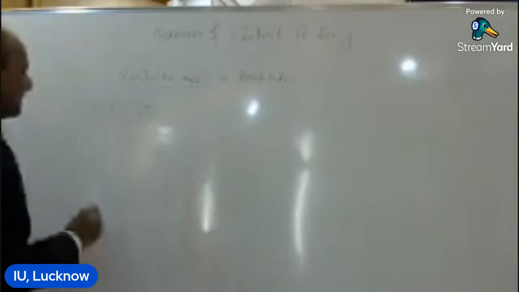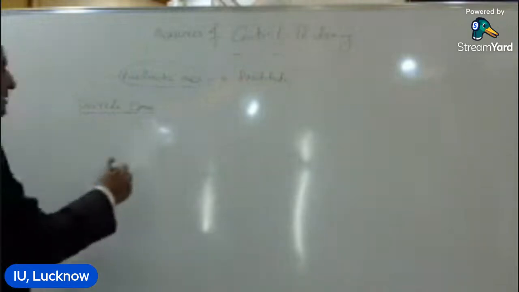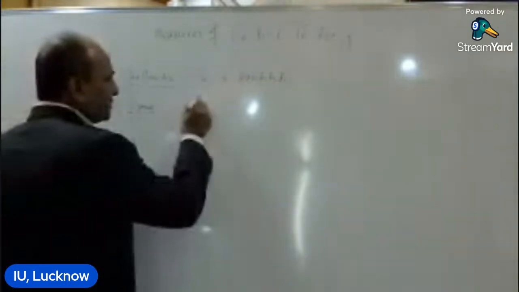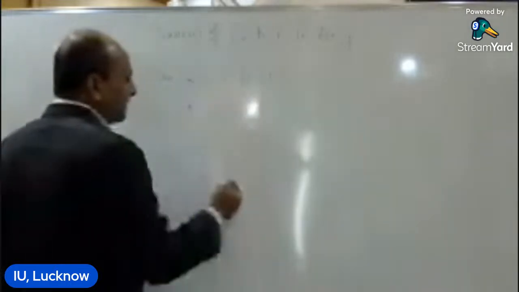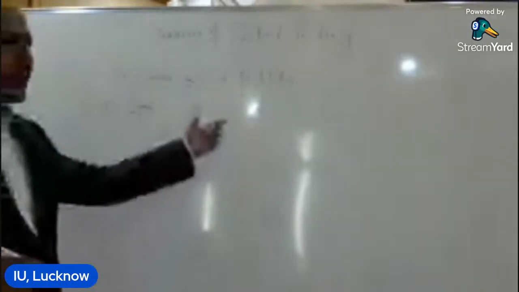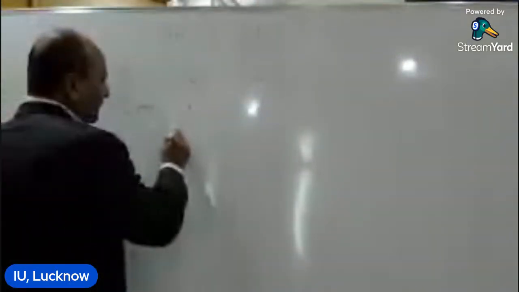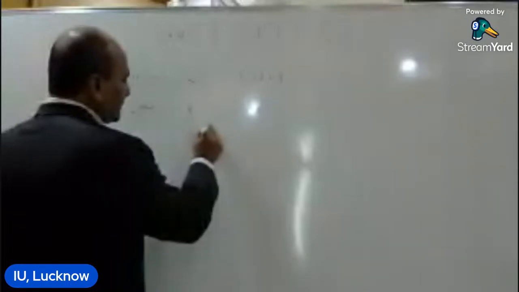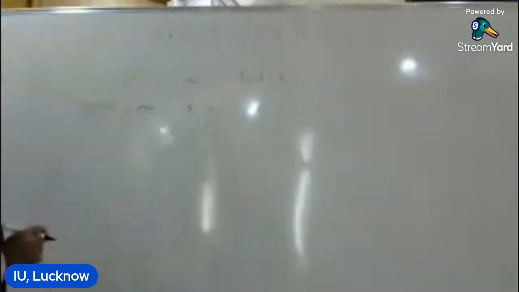Discrete case means if we have a set, we have the individual values, just like suppose we have the observations x1, x2, ..., xn. The arithmetic mean will be obtained by the formula summation x upon n, meaning the sum of the observations divided by the total number of observations.